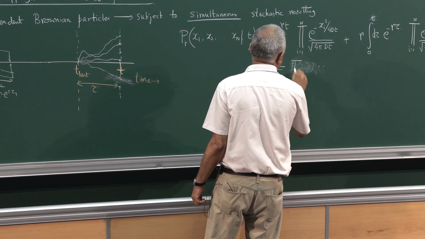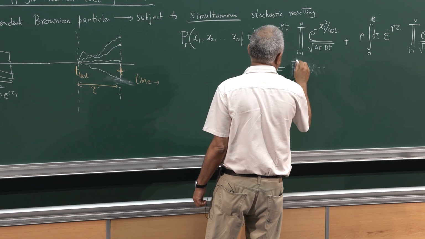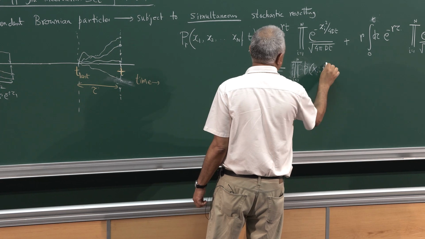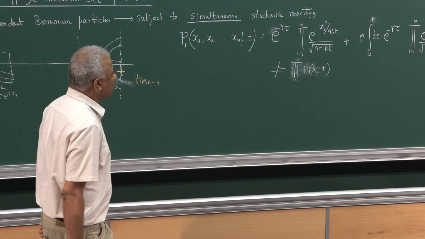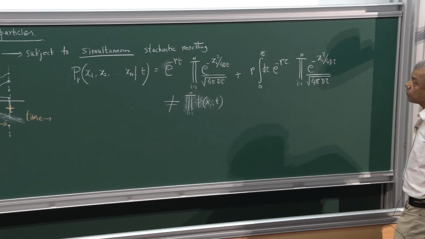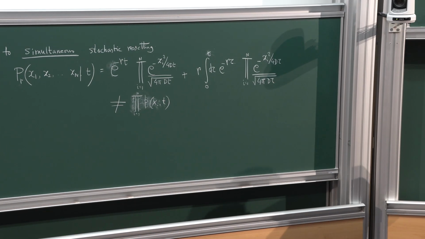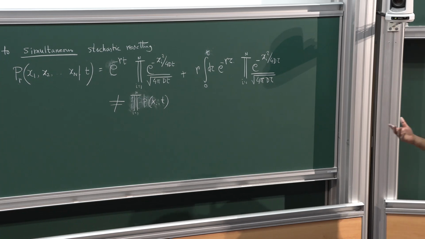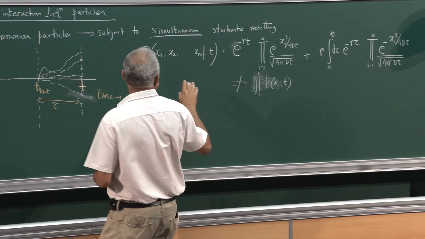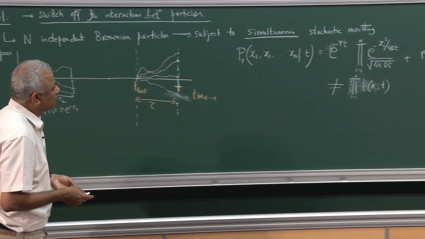Let me write it this way, because there's an integral over here. Inside the integral they are in product form, but in general they are not in product form, which means that there is correlation between these particles at any finite time t.